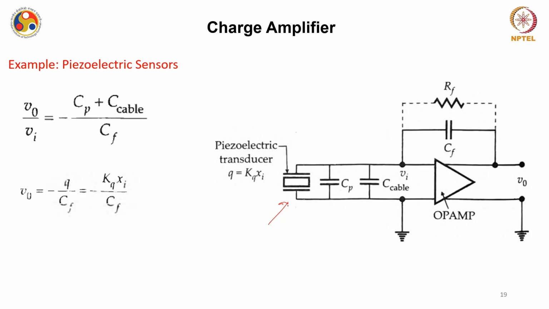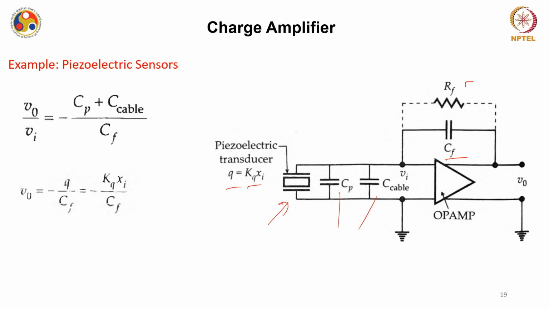That is shown over here, where you have a typical piezoelectric transducer which is generating Q as Kq into Xi, and you have parasitic capacitances and cable capacitances in parallel, and Cf the feedback capacitance, and you have an Rf connected in feedback.